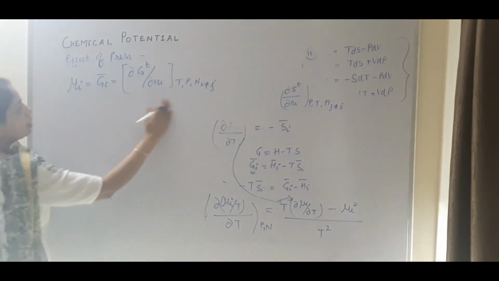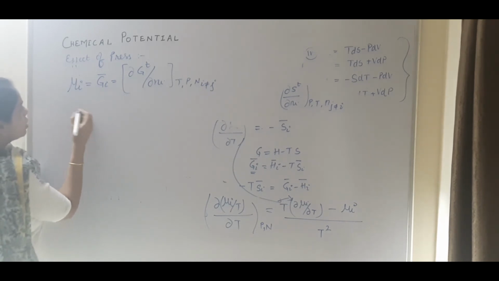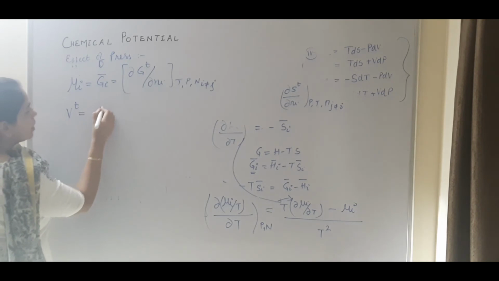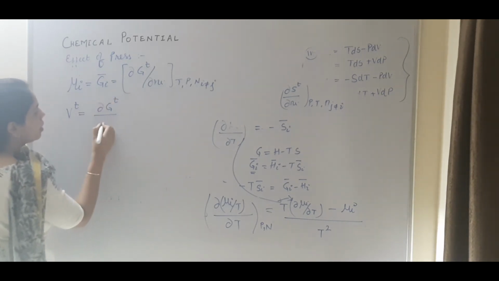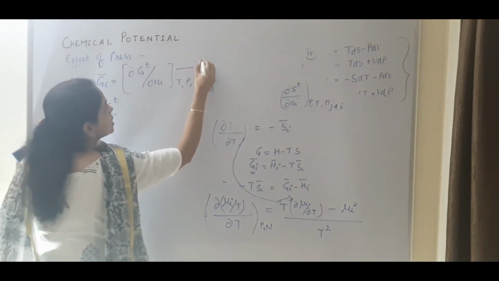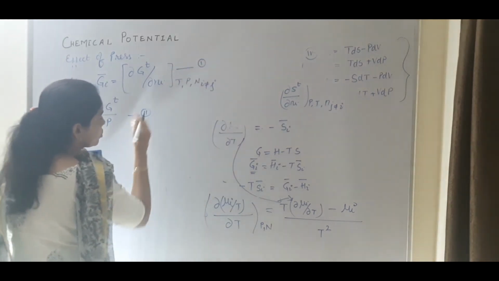And we also know one relation, which is total volume is equal to ∂G_t upon ∂P. Let's take this as equation number 1 and this as equation number 2.